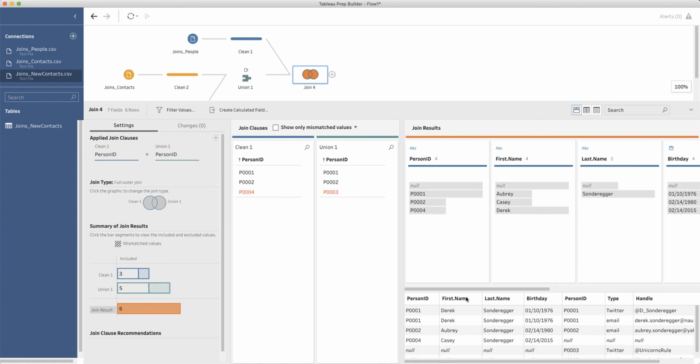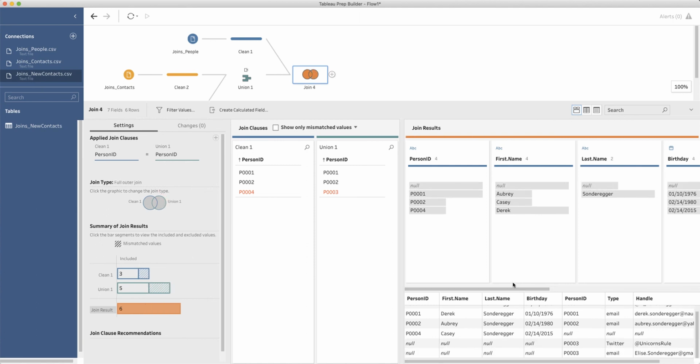So we're going to go in here, and now we have more information where we've got now information for Elise, but now we don't have her first name or last name or birthday. And so this was going to be called an outer join, where you include a row regardless of whether or not it was just in the first one or just in the second one. You include all the rows. And so we have 6 rows here.